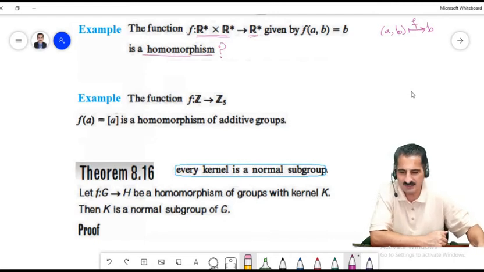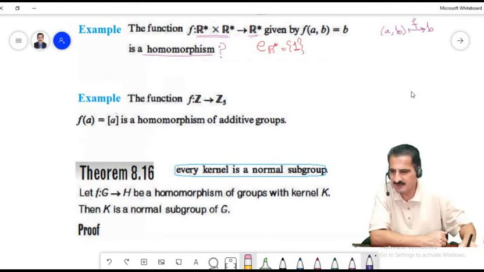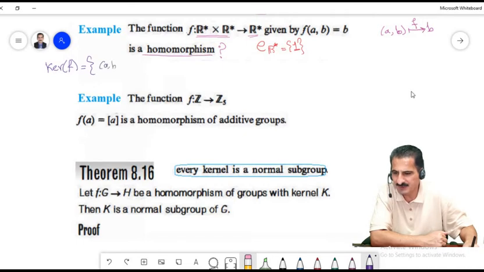Okay, so again, what is the identity here? Before we keep moving, the identity of the codomain is 1. So we want to see what elements go to 1. So the kernel of f consists of ordered pairs (a, b) that belong to R star cross R star such that the image of that ordered pair equals 1, which is this identity.